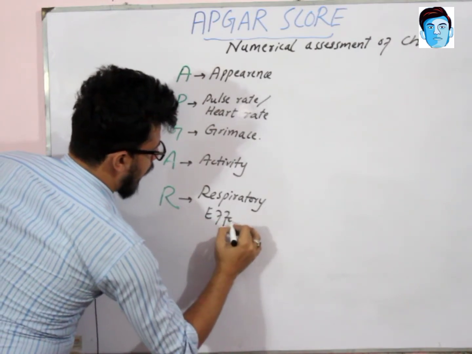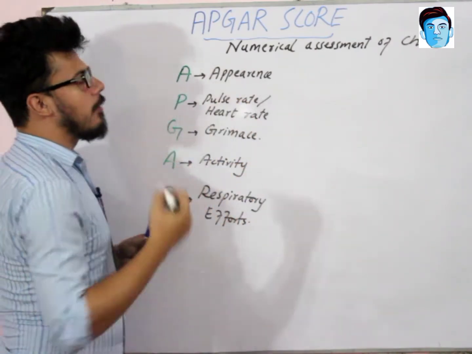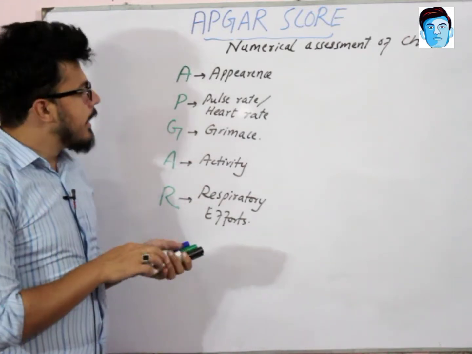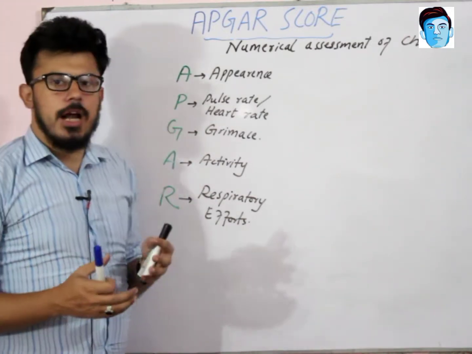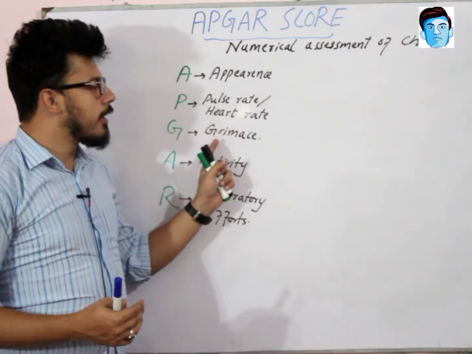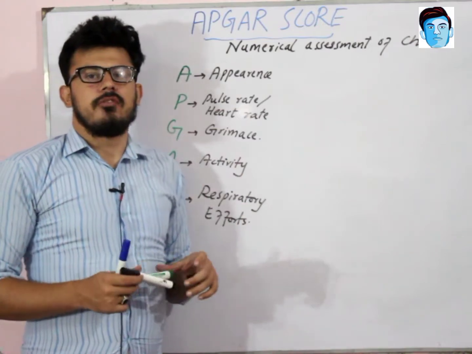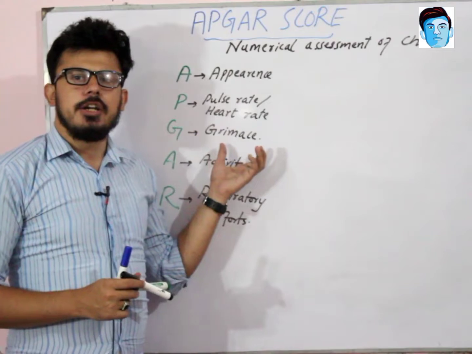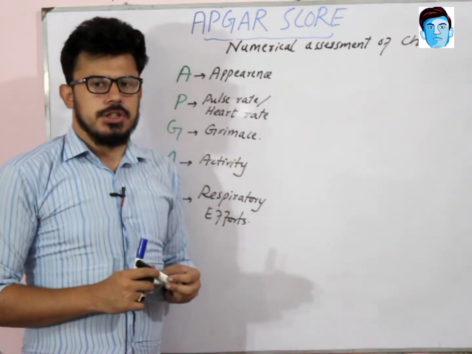So in the APGAR scoring there are 5 components: appearance of a child, P for pulse rate of a child, G for grimace, grimace means the facial expression of a child, or we will assess it by doing stimulation to the child.